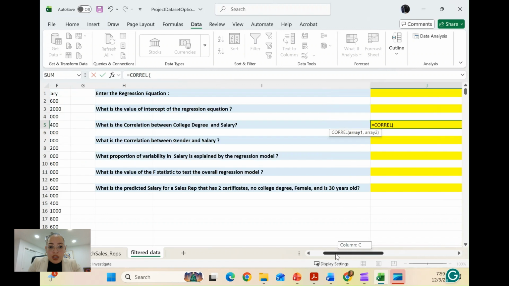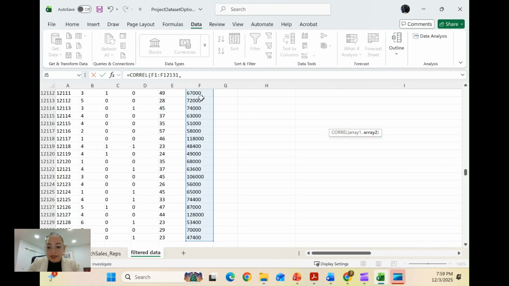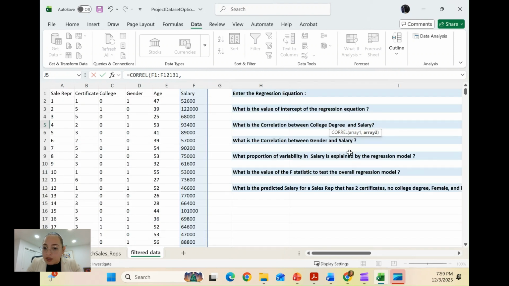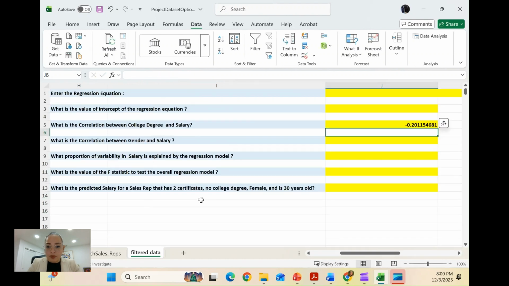So we will use salary first, and then our X, that will be college degree. So we have a negative correlation between college degree and salary.